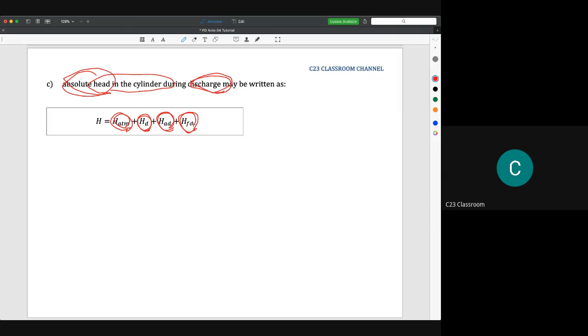So please remember the difference between suction and delivery: for suction we need to minus all the values because we need to create enough suction condition, and for delivery we need to add all of the parameters that we have because we need to create enough condition to push water to the desired level.